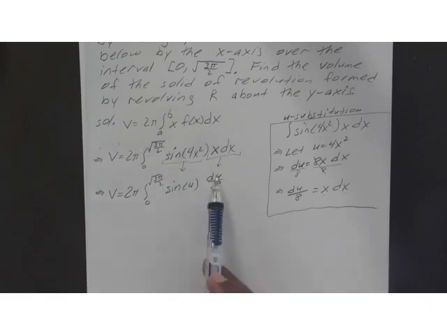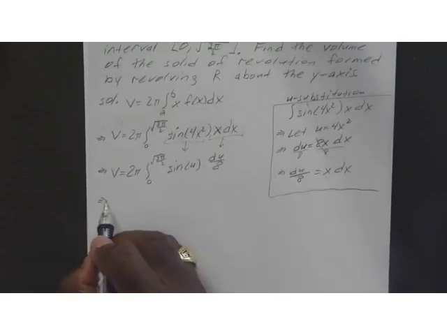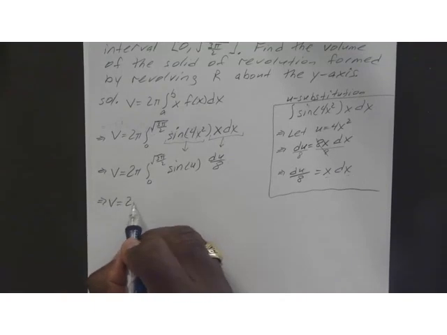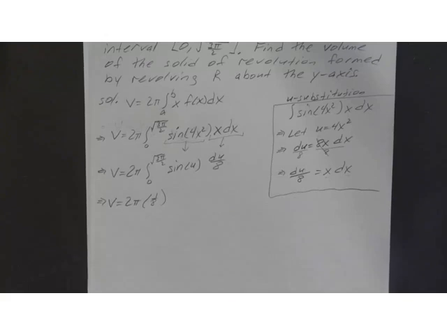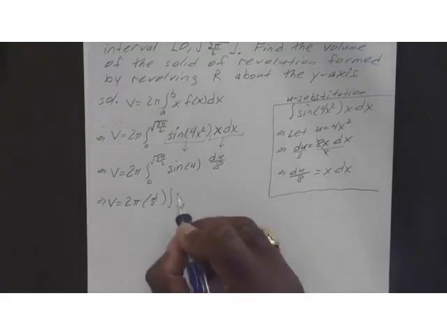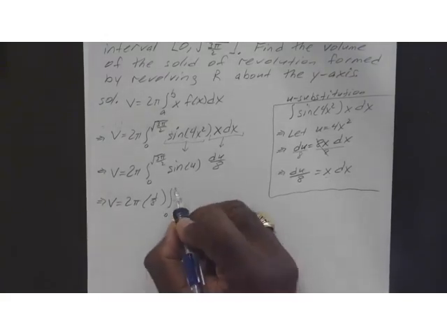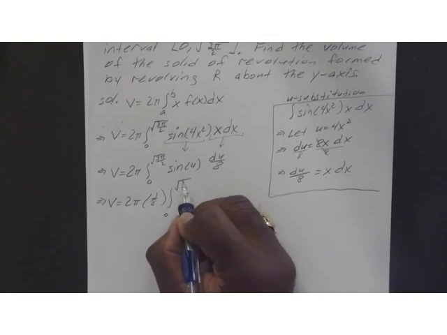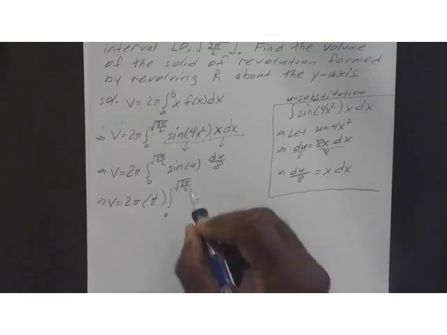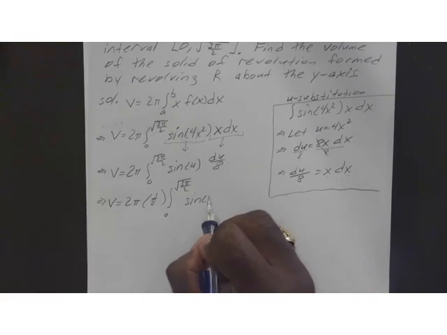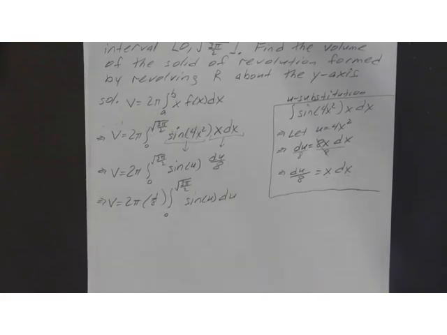So if we change that to du times 1 over 8 and just factor that 1 over 8 out to the front, our volume is equal to 2 pi times 1 over 8 times the integral from 0 to the square root of 3 pi over 2 of sine of u with respect to u.